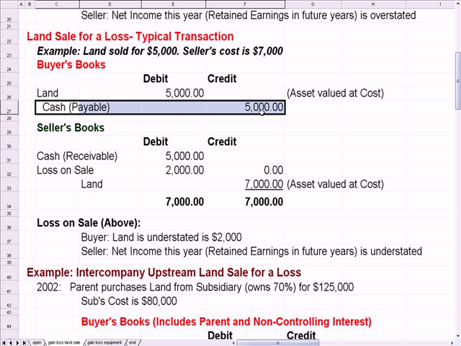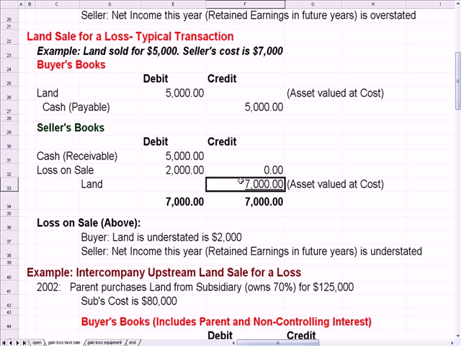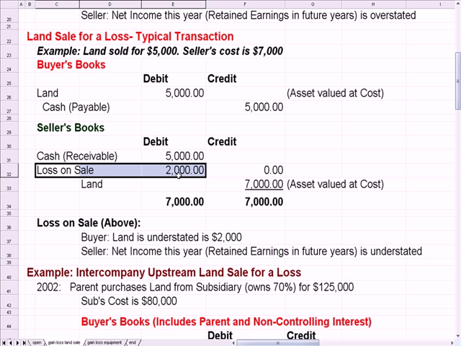He pays cash or has a payable. The seller gets cash in the door of $5,000. They're taking an asset off the books, land, by crediting $7,000, which was the seller's cost. In order to make debits equal credits, we need a debit entry of $2,000, which means that the seller has a loss on sale of $2,000.